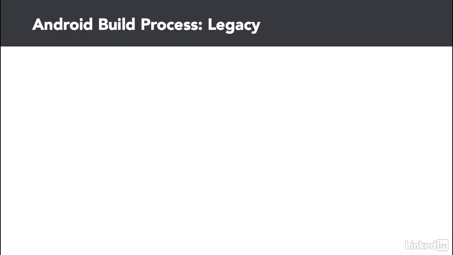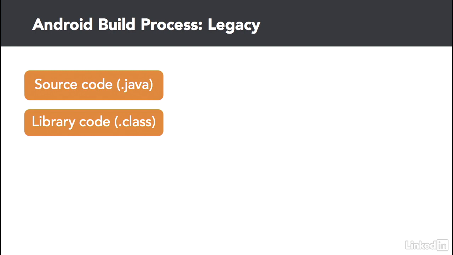When you build an app in Android Studio or from the command line, there are two possible build processes that you can use. The default build process, as of October 2016, is called the legacy process, and here's how it works. You start off with a set of Java files, either source code files or files that have been pre-compiled to bytecode in .class files.